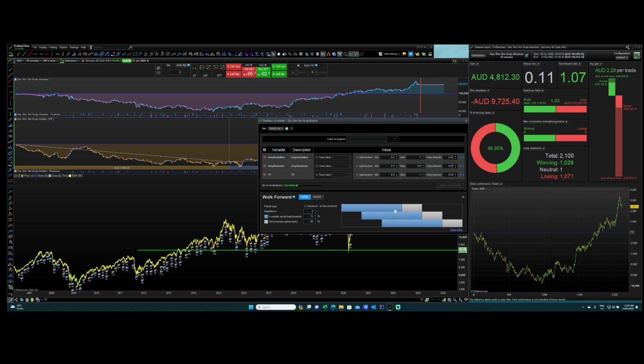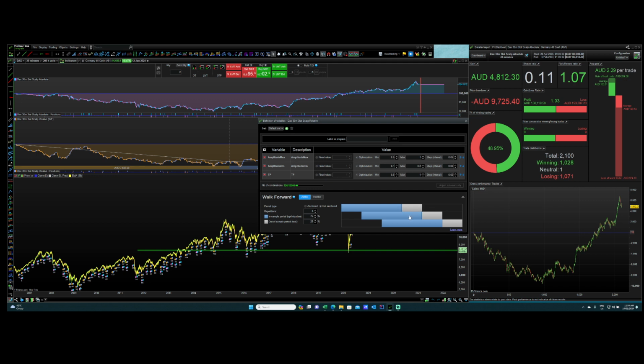And within each of those blocks, I'm going to say that there's in-sample data and out of sample data. So I want to determine what the optimum is, and then also test if that optimum settings is still profitable for the remainder of the block, which will then be made up of out of sample data.